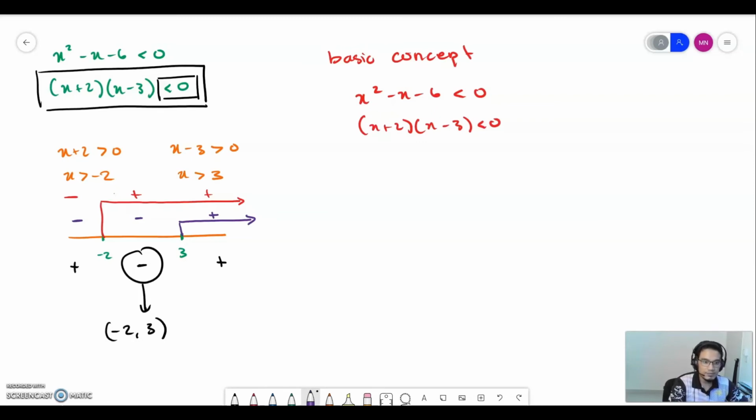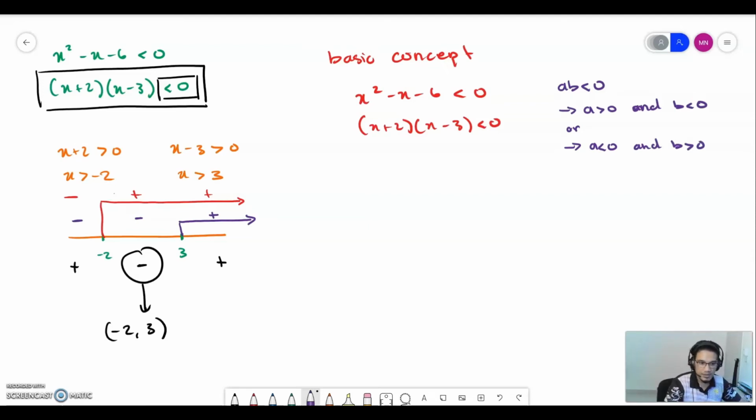The theorem states that the second phrase, AB is less than 0 if and only if a is bigger than 0 and b is less than 0, or a is less than 0 and b is bigger than 0.